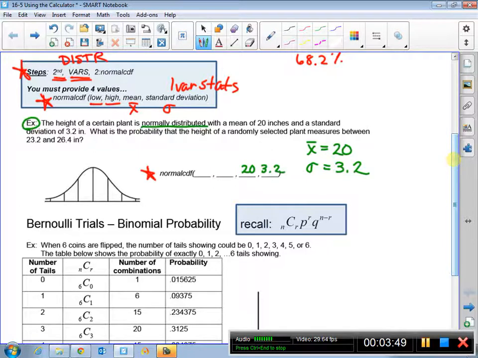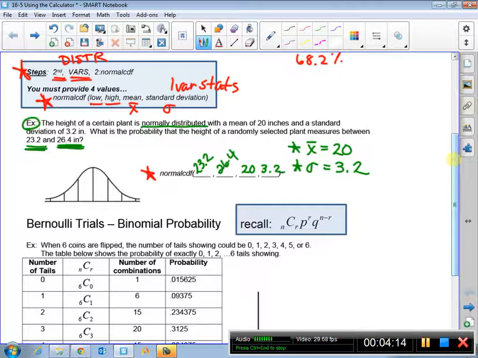So given that this is the mean and the standard deviation for these plants, now I could find the probability that a selected plant falls within any range. So I'm looking for plants to be between 23.2 inches and 26.4 inches.